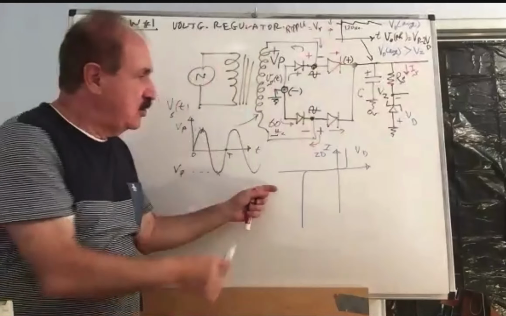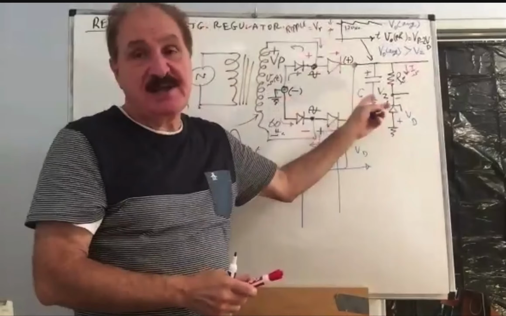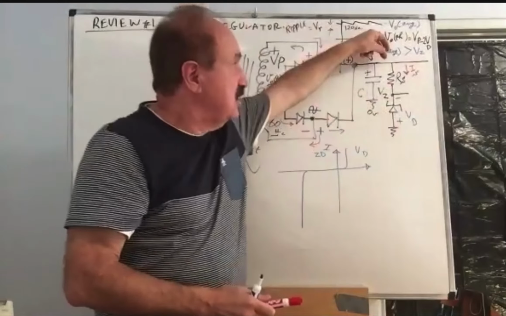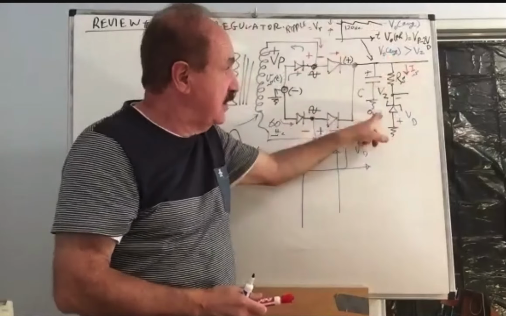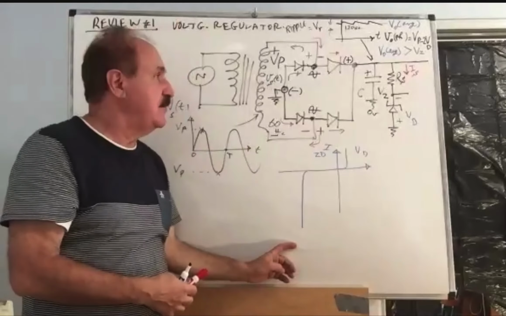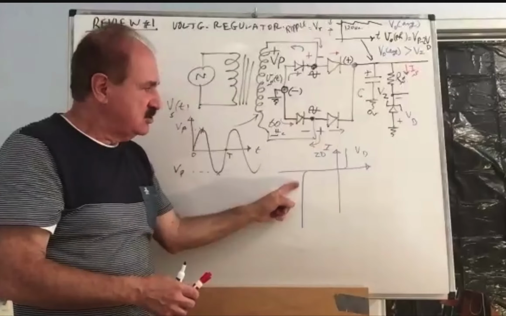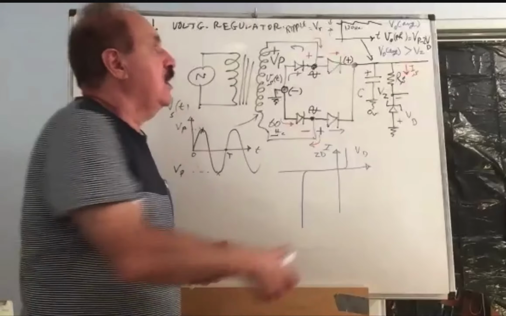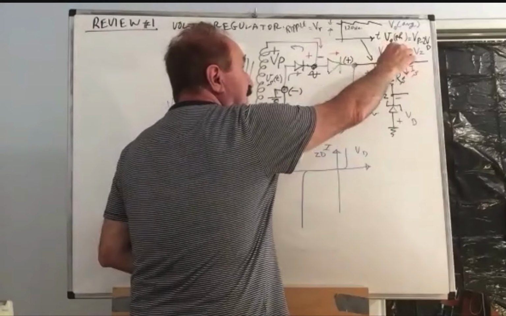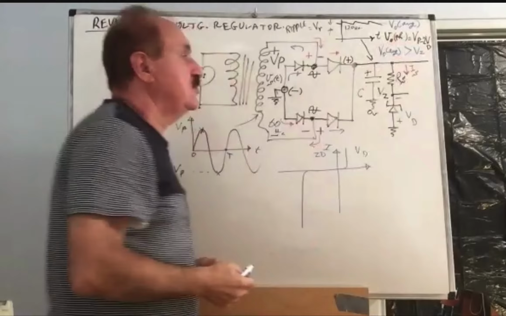So the diode that is connected this way, we are imposing a positive potential on the cathode. So we are using it in the reverse region in here. Forget about these parts, concentrate only on that part. If the average voltage there exceeds the Zener voltage, the current will flow through the Zener.